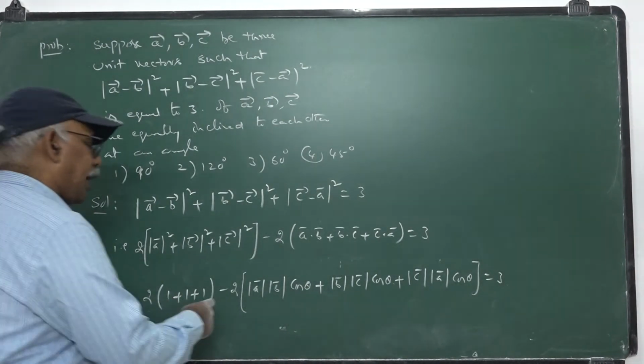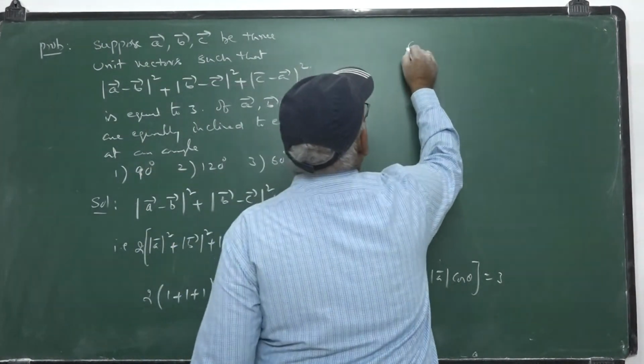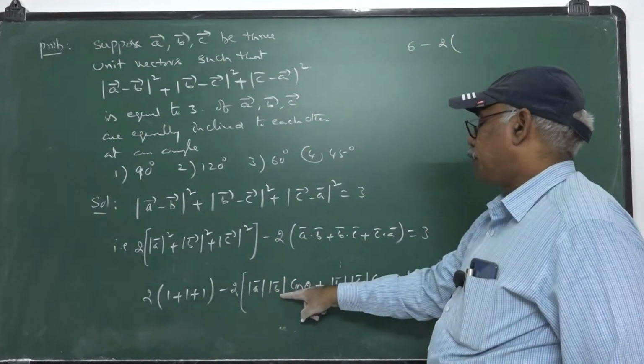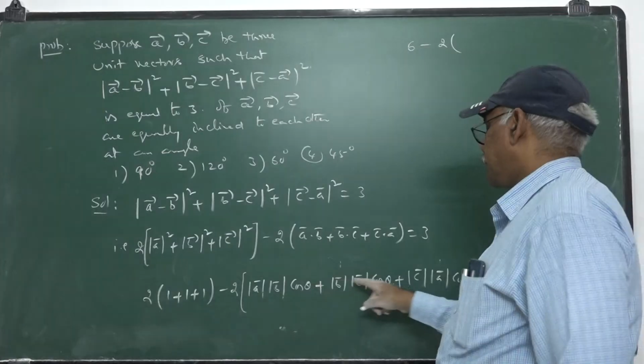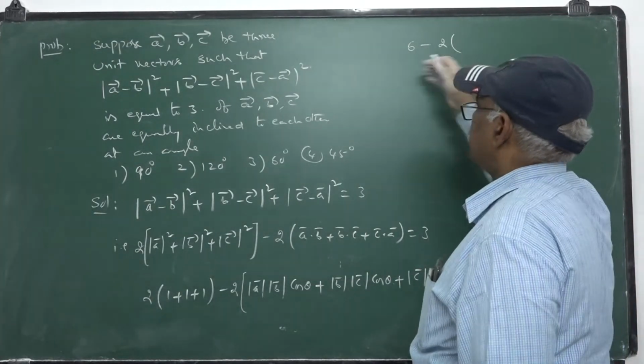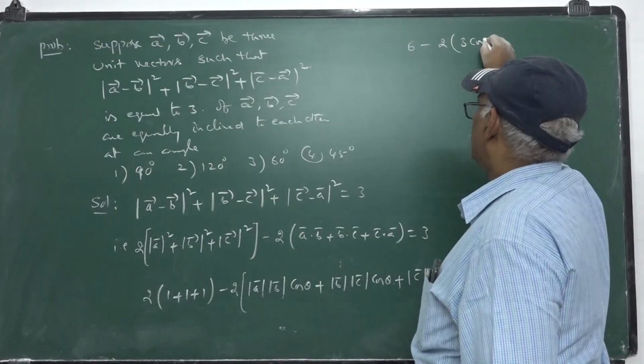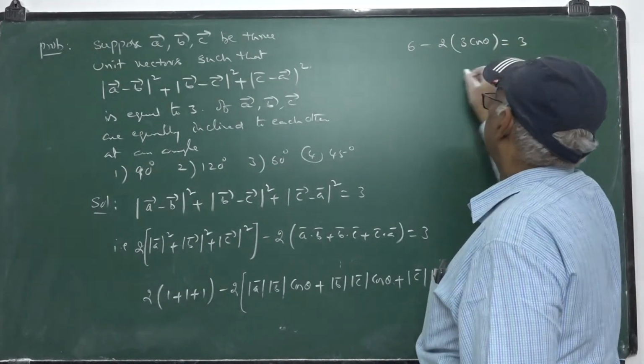This is 6 minus 2 into mod A bar is 1, mod B bar is 1, cos theta. So this is cos theta, this is cos theta, this is cos theta because mod A bar, mod B bar, mod C bar is 1. So this is 3 cos theta, equal to 3.